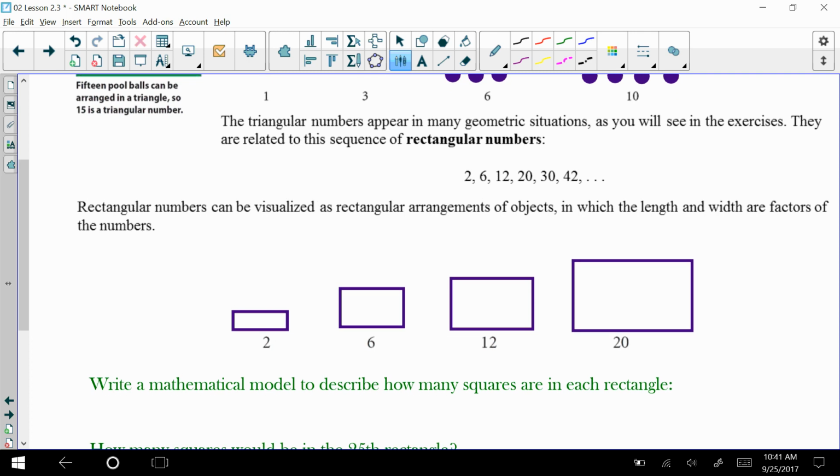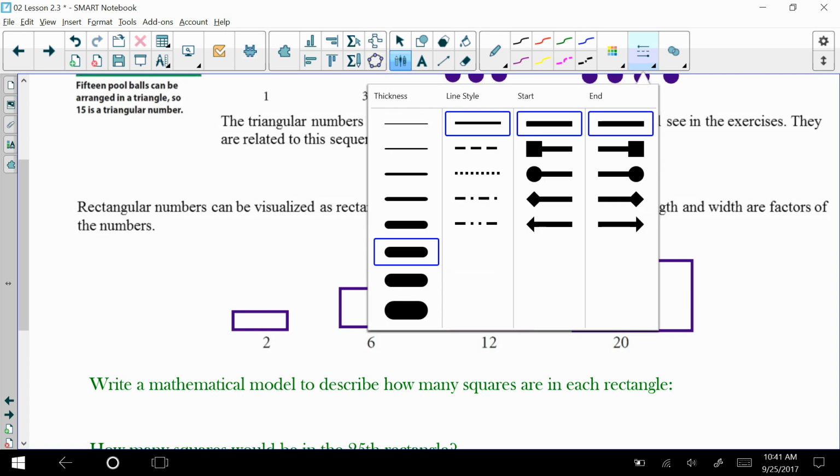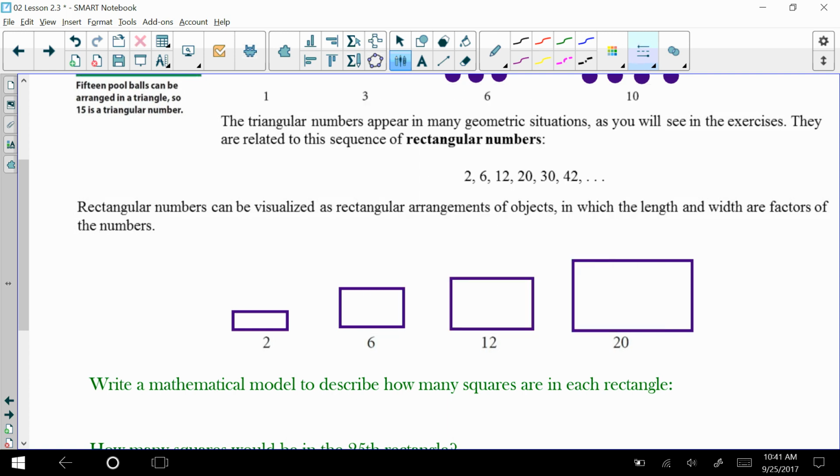The next term we have is rectangular numbers. Rectangular numbers are numbers that can be arranged into a rectangle. I'm not able to make my point a little bit smaller, but that's okay. We'll go with the size that we have. So 2, there's a rectangle of 2 dots.